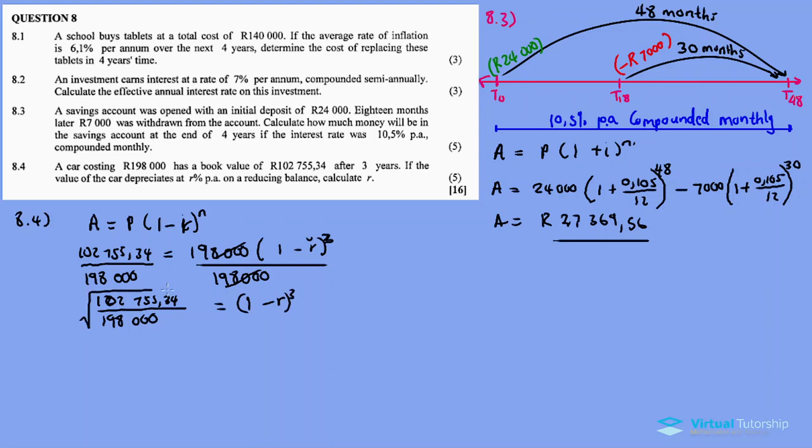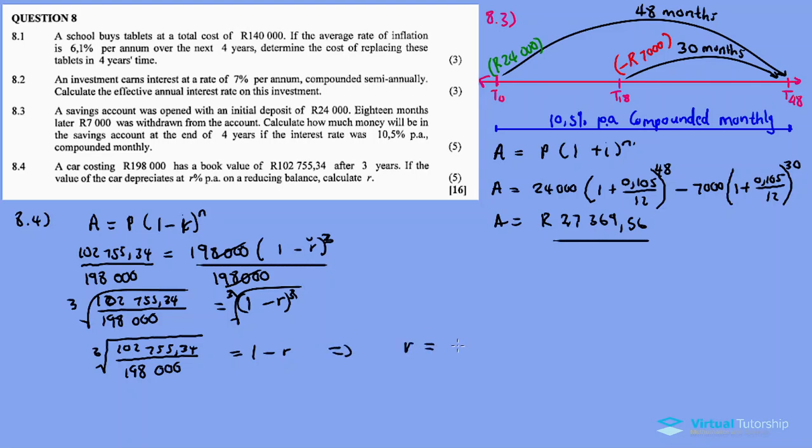Taking the third root on both sides, you cancel the exponent, and you're left with the third root. Well, it's basic algebra la. So the third root of 102,755.34 divided by 198,123 equals 1 minus R. Then we make R the subject of the formula. Then we find our answer.